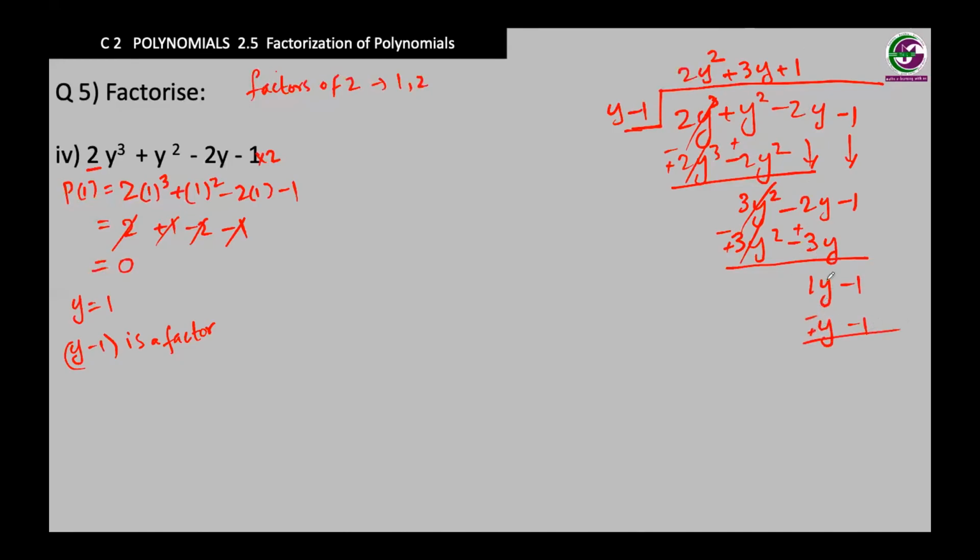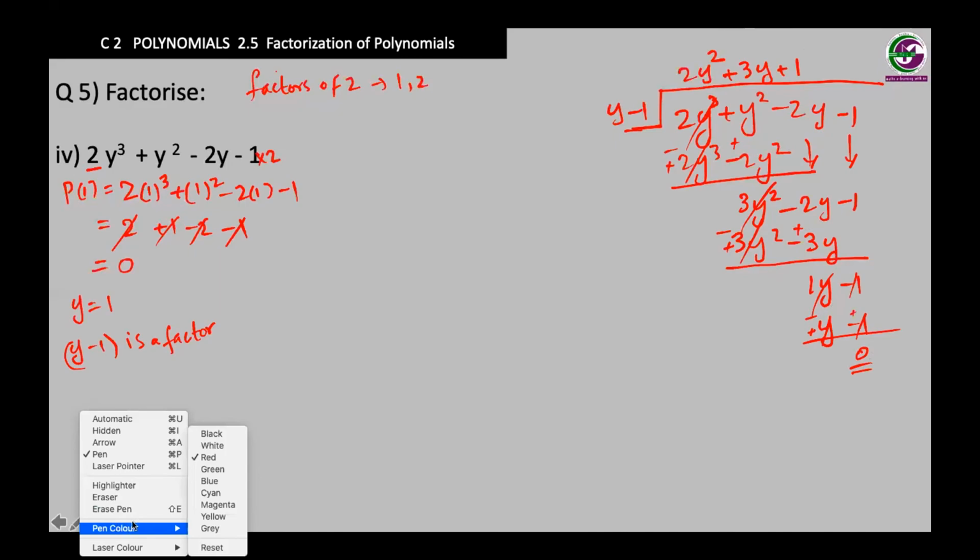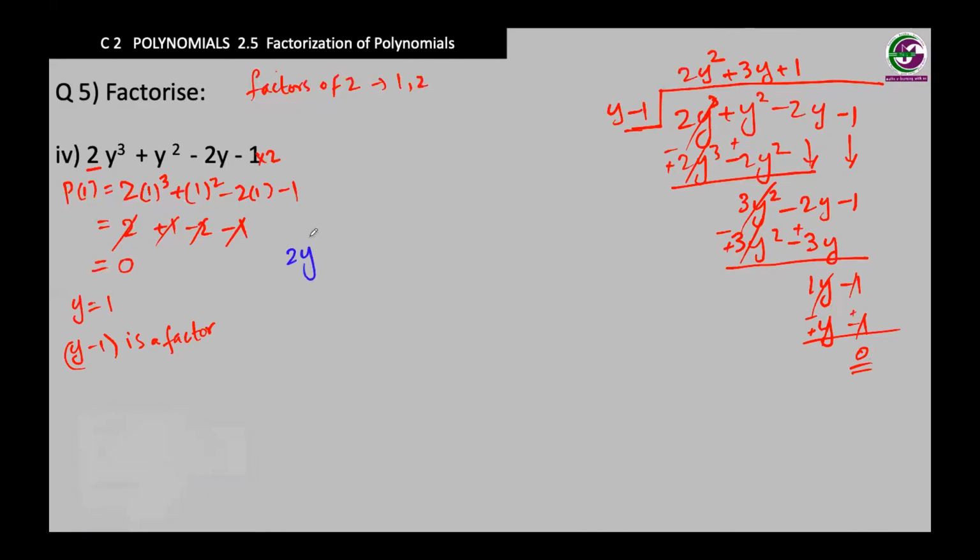Change the sign. So these get cancelled. So the remainder is 0. So we get the answer that 2y cubed plus y squared minus 2y minus 1 can be written as the first factor, which is y minus 1, multiplied by the quotient that we get when we did the long division.